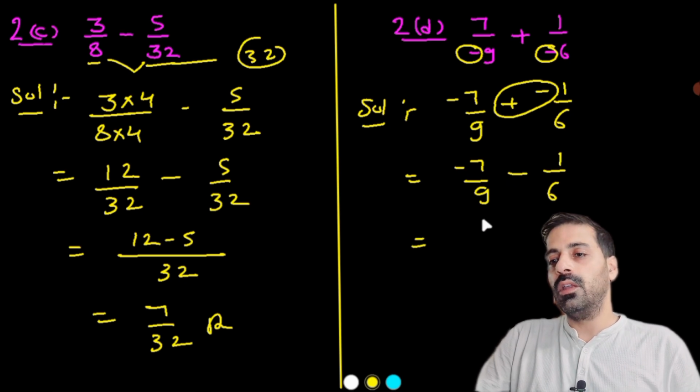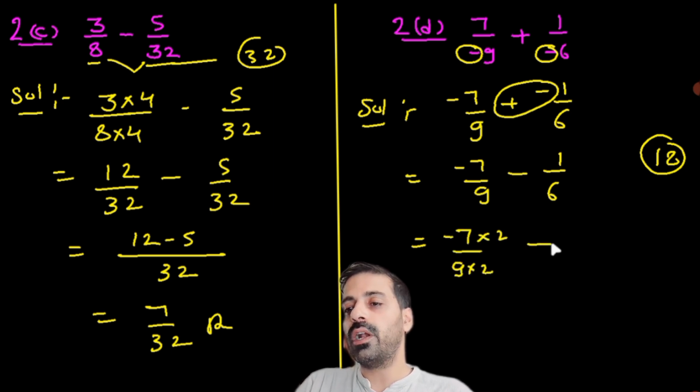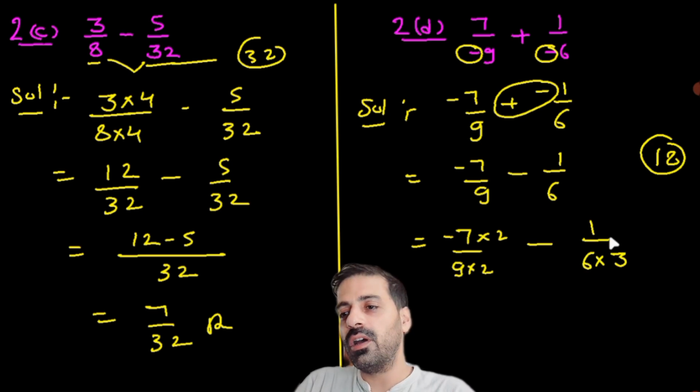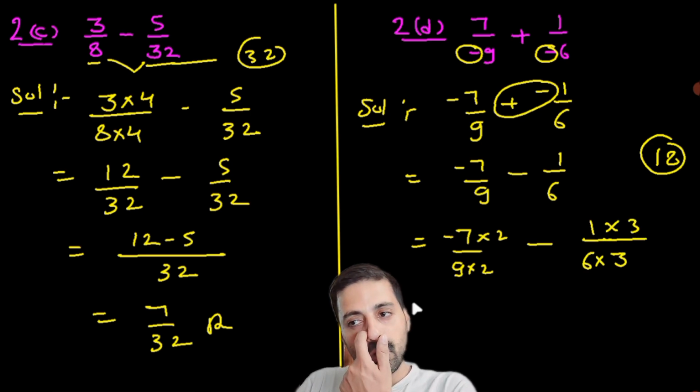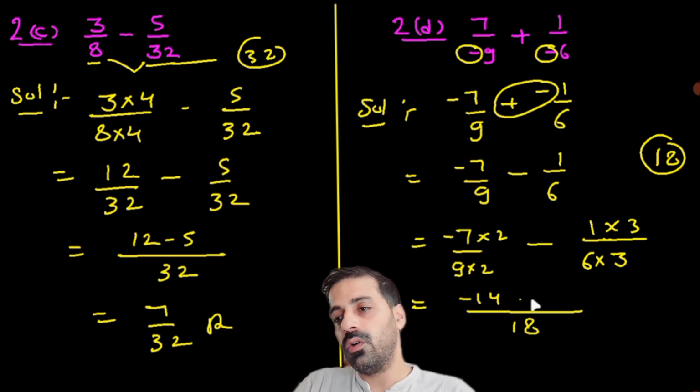Now take the LCM of 9 and 6. The LCM of 9 and 6 is 18. Okay, so directly we can multiply 9 by 2 and 2, so that the 9 will become 18 and 6 will become 18. We have to multiply by 3 and by 3. So we have negative 14 upon 18 and we have 3. So the final answer negative 17 upon 18 is the answer.